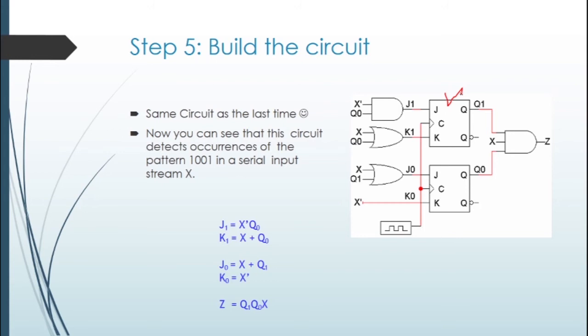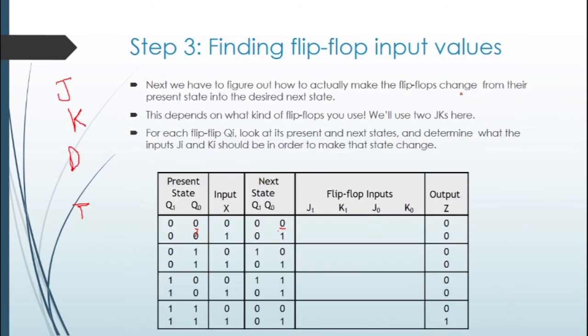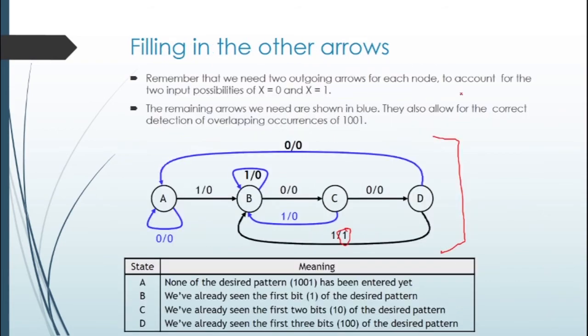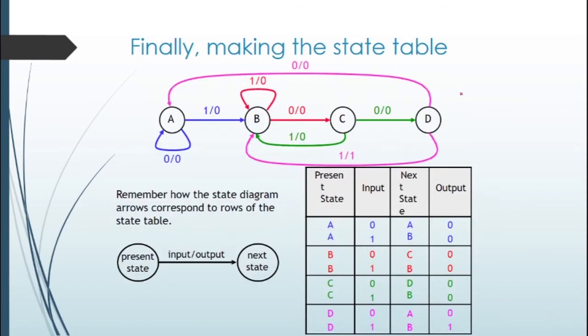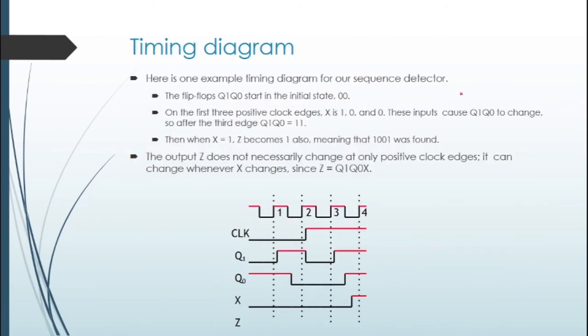We started from this circuit and worked on building the state machine for it, the state table and the state diagram, but it's the same circuit with this specific state diagram that we started with. So it's basically a simple sequence analyzer that we are generating from here.